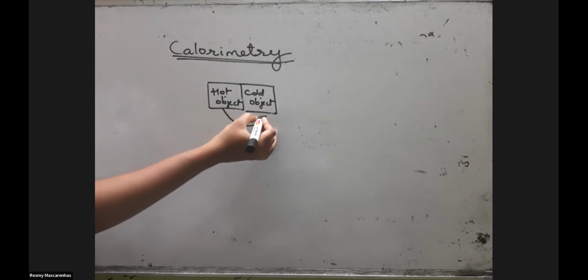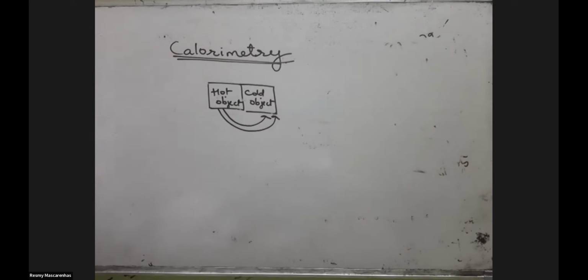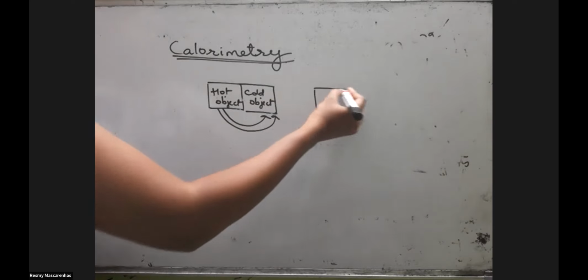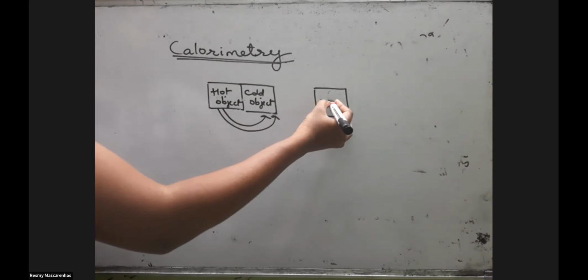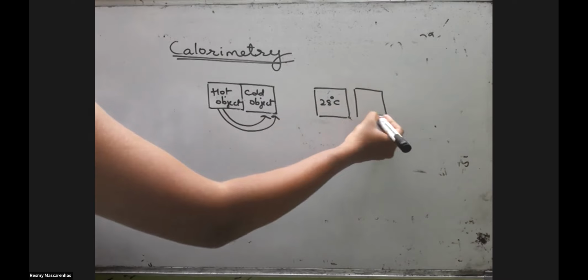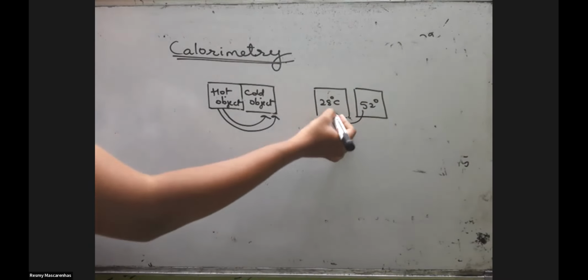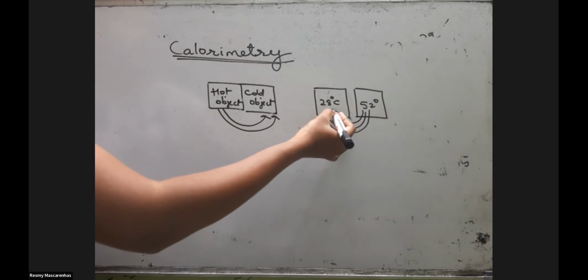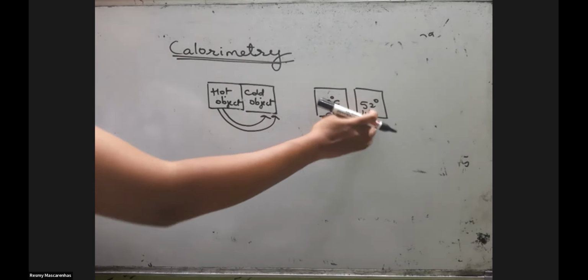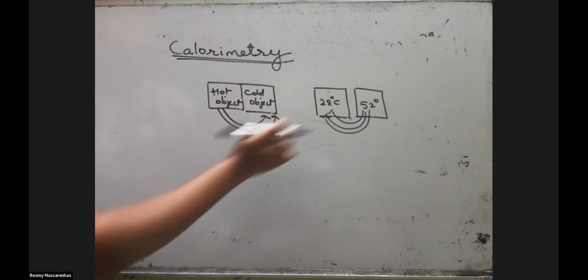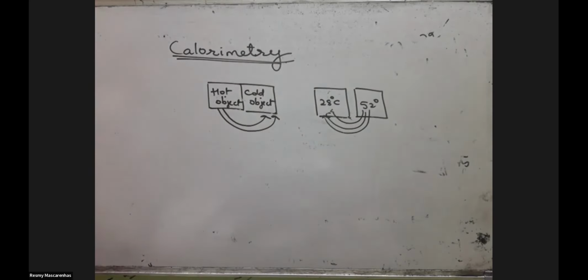Suppose you have 28 degrees here and 52 degrees there. It will start giving out, losing its heat, until they become the same. Heat always gets transferred from higher to lower so that they come to equilibrium.